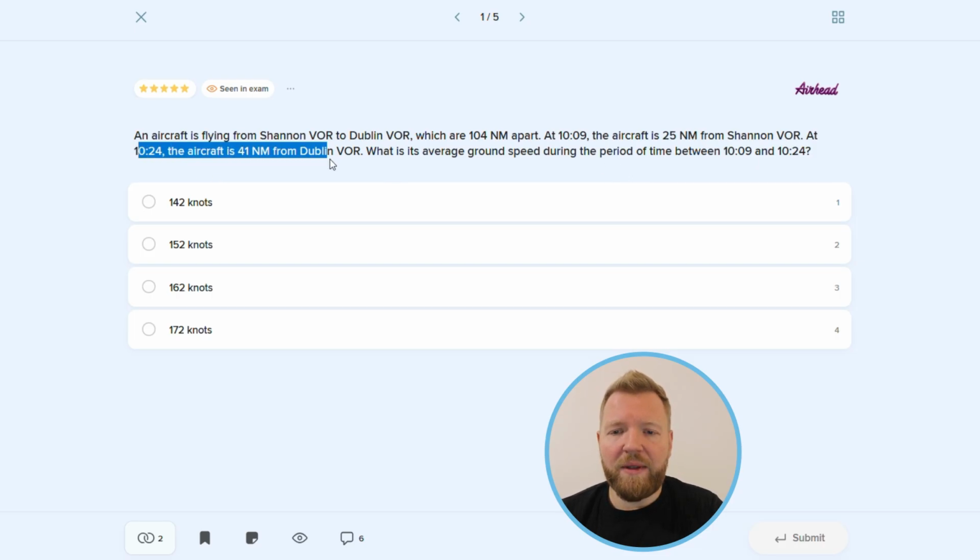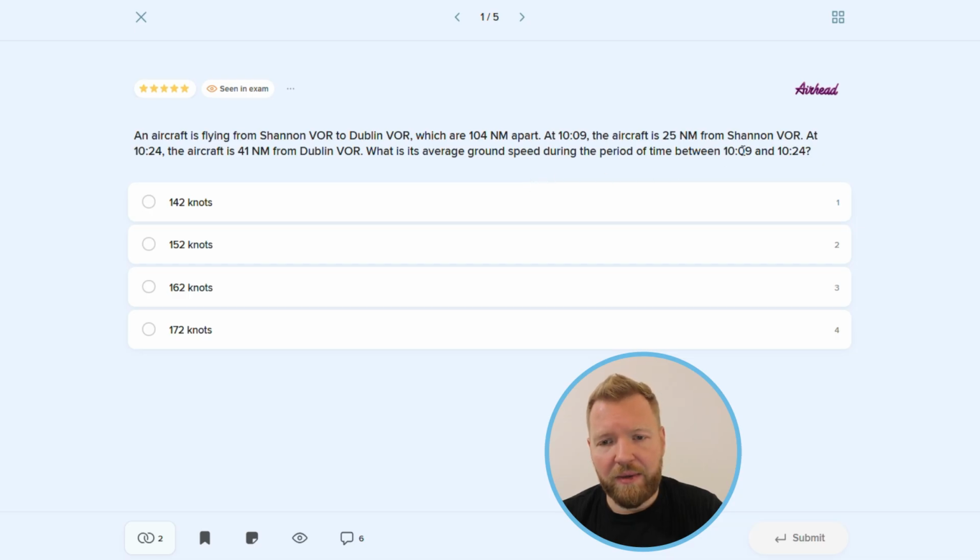And at 10:24, the aircraft has only 41 nautical miles left. So 79 minus 41 gives us 38 nautical miles traveled in 15 minutes. Since knot is a unit describing nautical miles per hour, only thing left is to multiply 38 times 4, and the result is 152 knots.